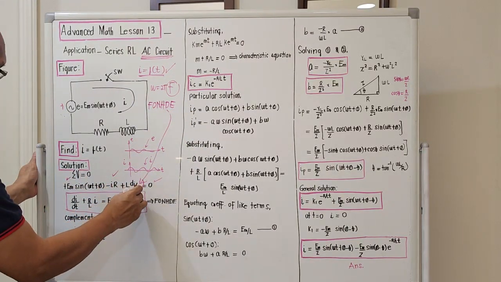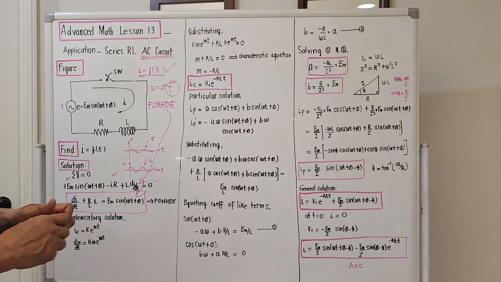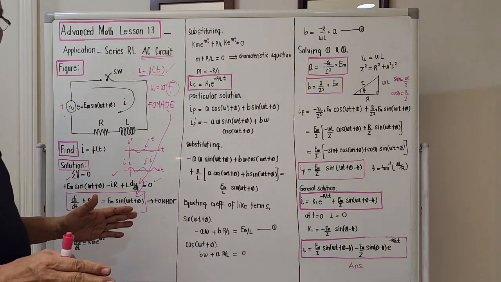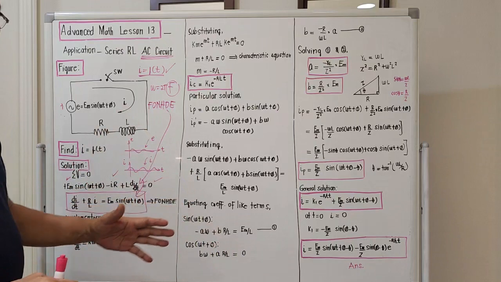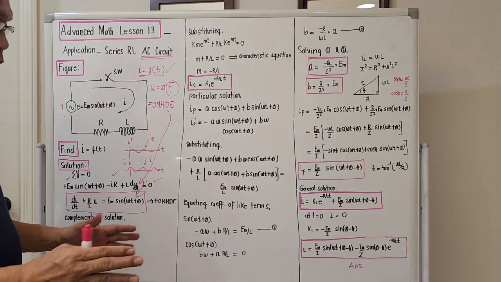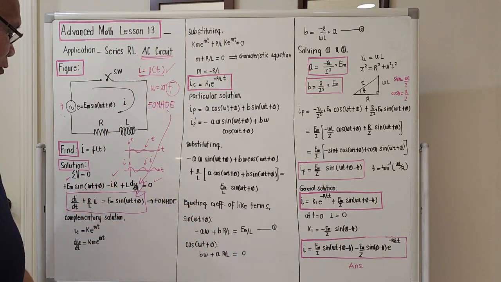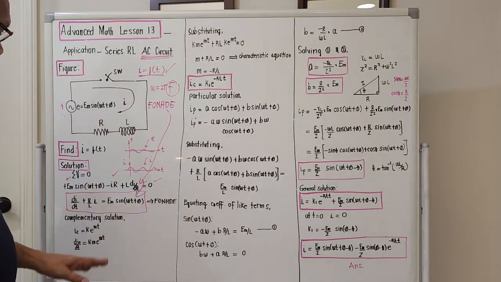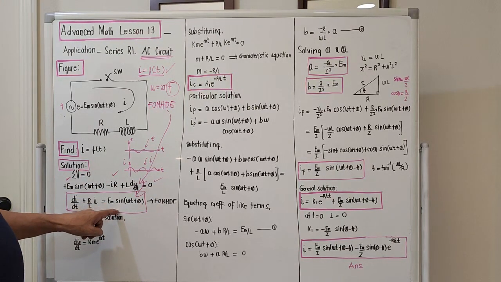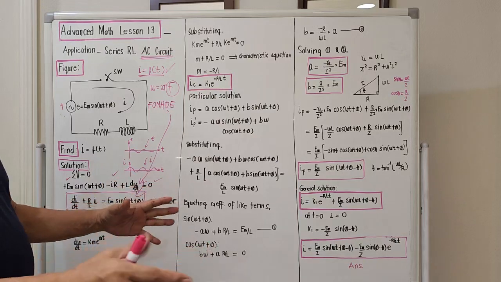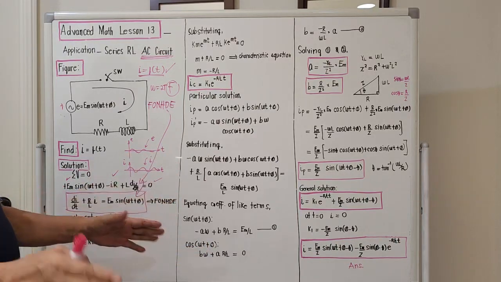So to bring out the solution, there are two solutions. It will be the complementary plus the particular. Why are there two solutions? Because the right hand side is not equal to 0. It's non-homogeneous. We passed by this equation already.